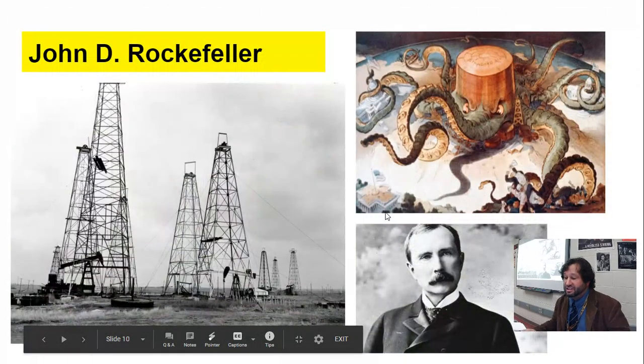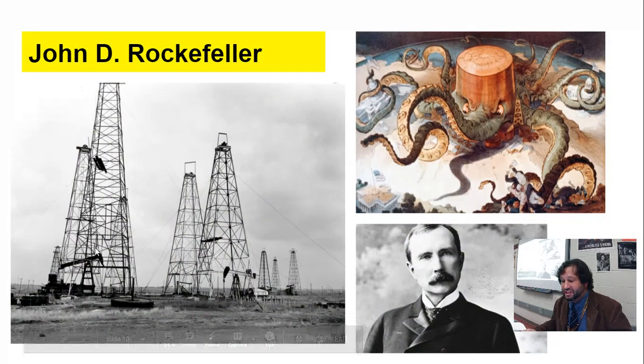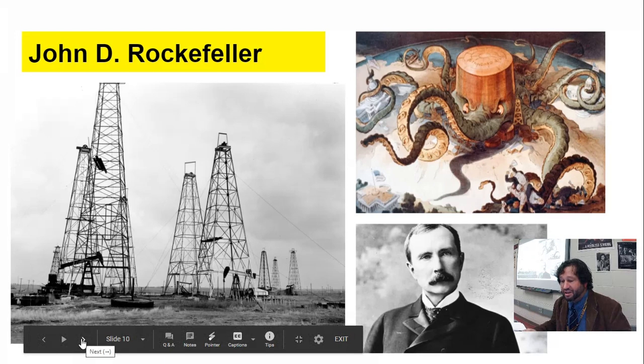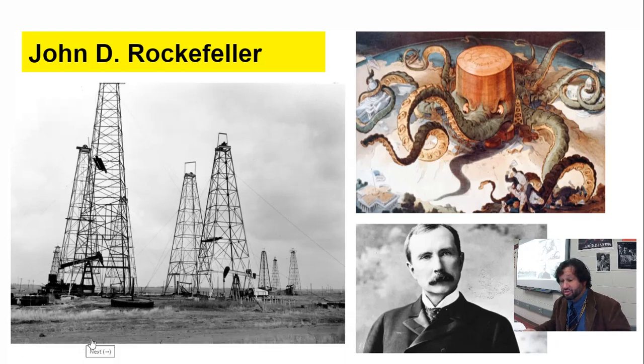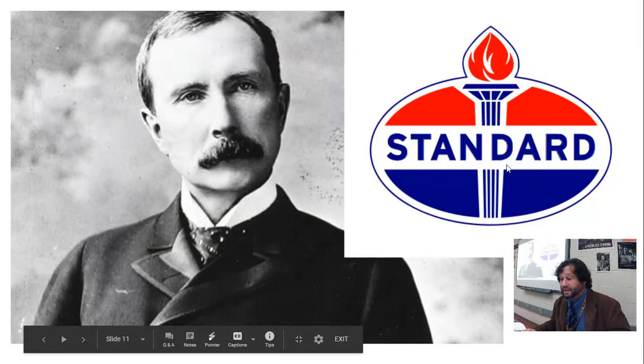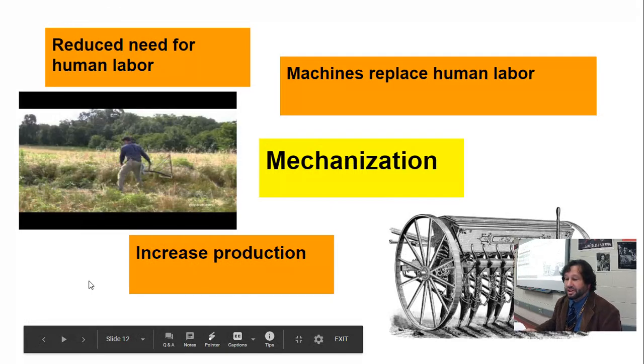Another captain of industry is John D. Rockefeller, and you can see the oil wells in the background. He's going to again have that monopoly on oil. He's going to try to control the whole oil industry. And one of the company's names was Standard Oil. So those are the captains of industry.